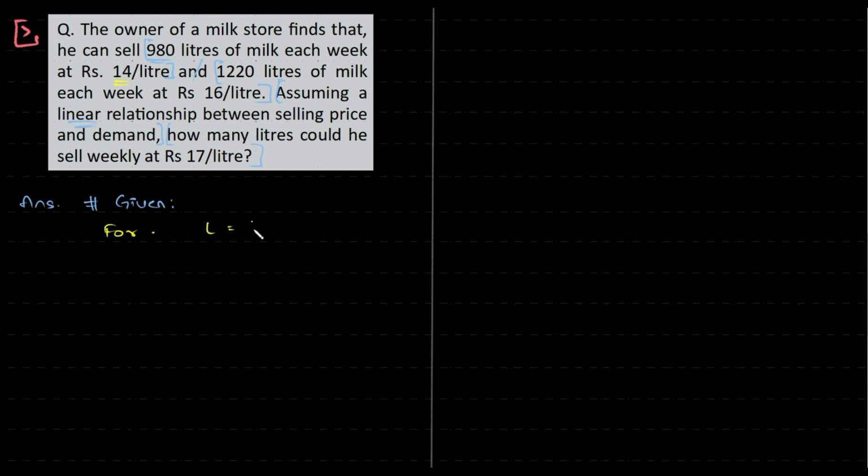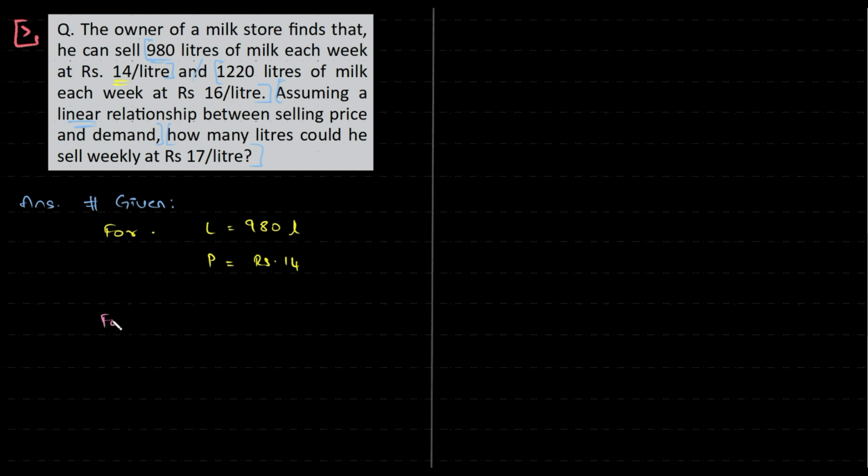So L is 980 liters while your price P is 14 rupees. So for this amount we have this amount of liter that he was able to sell. So basically this is your independent variable, and that's your dependent variable.